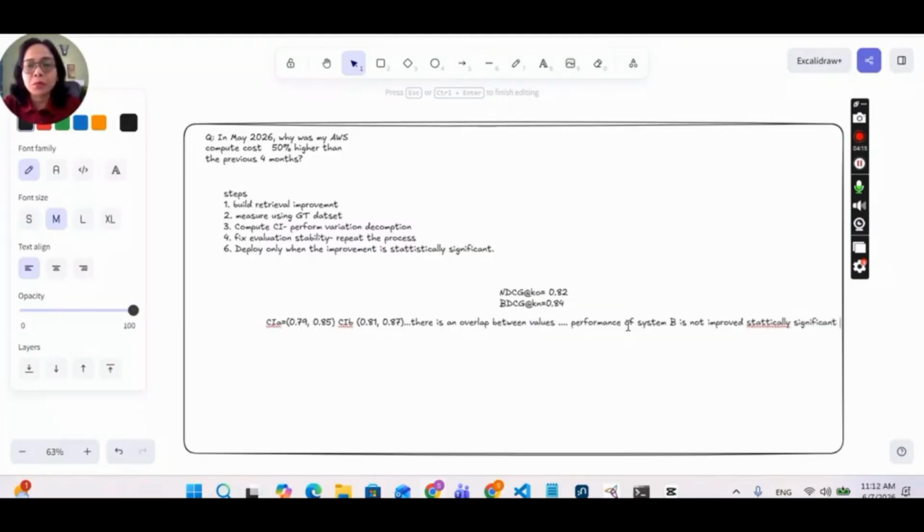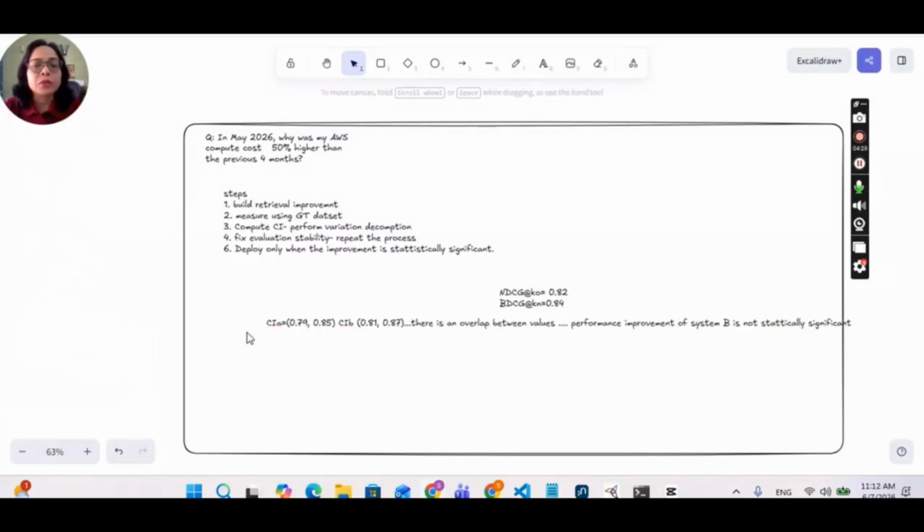The performance improvement of system B is not statistically significant. If this is not statistically significant, then we have to reject this acceptance. That's the null hypothesis. What was the null hypothesis? That system B is significantly improved as compared to system A. That was the null hypothesis, and in this case we have to reject that.